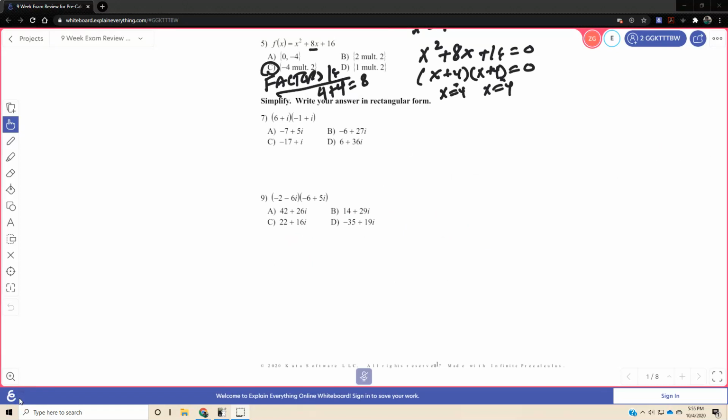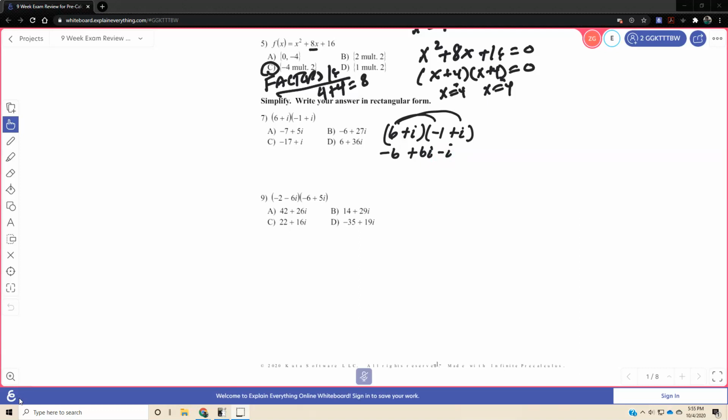We're going to be multiplying these complex numbers, and so we're going to use the FOIL method. We have 6 plus i times -1 plus i. 6 times -1 is -6. 6 times i is plus 6i. i times -1 gives you -i.